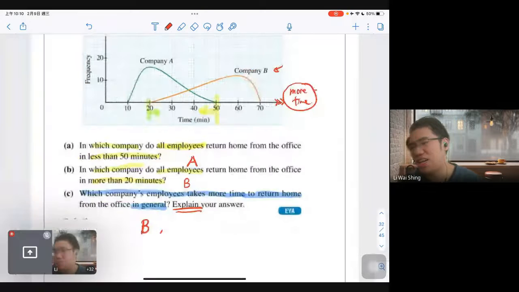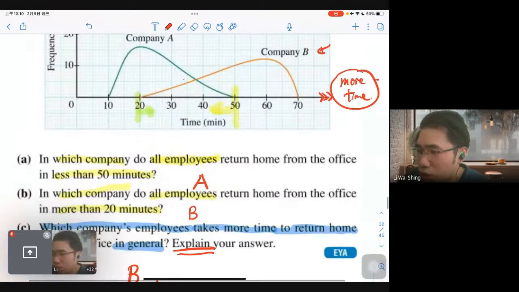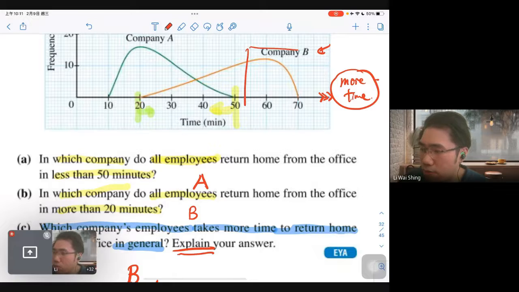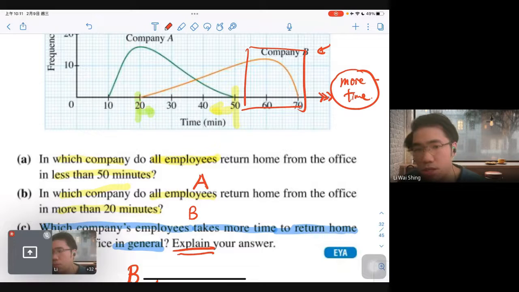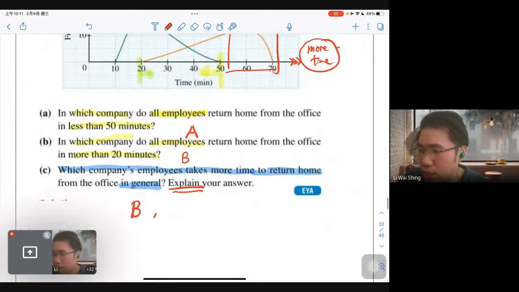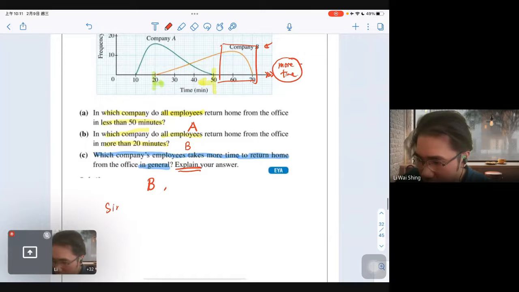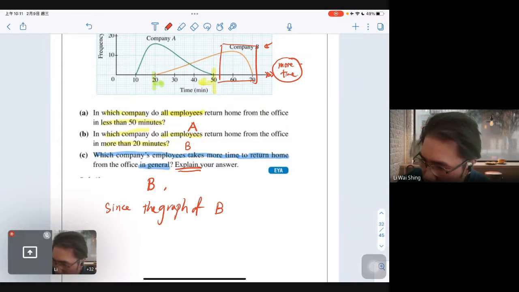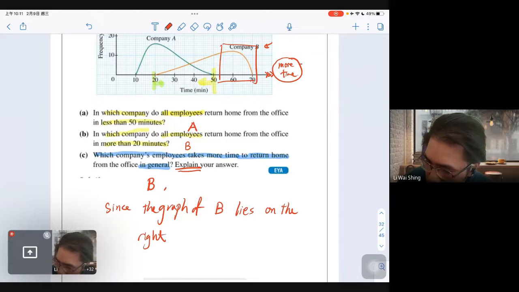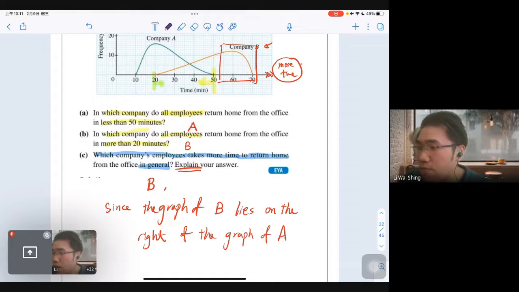Okay, but how to write it? You know that not all the employees lie on the right, but most of them lie on the right. So most of them will take more time to return home. So how to explain it? You can just write, just like Caleb said, since the graph of B lies on the right of the graph of A. Okay, not the whole graph, but in general.